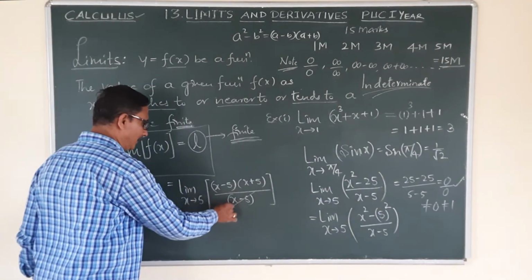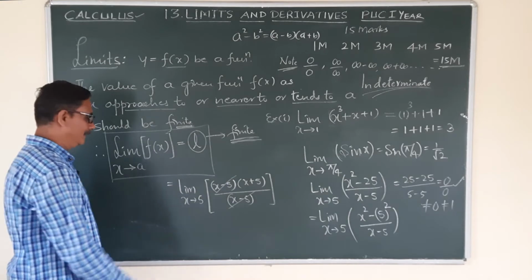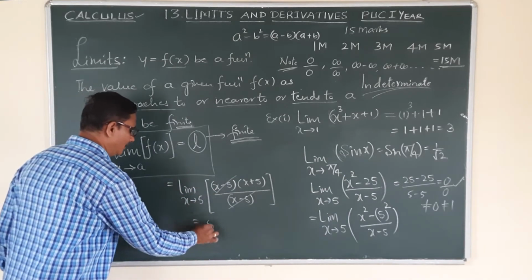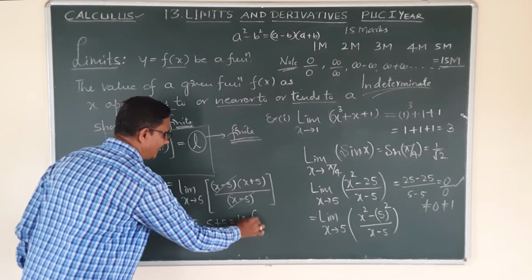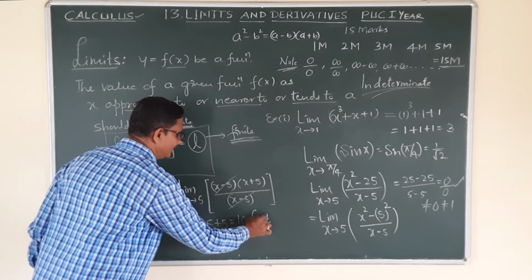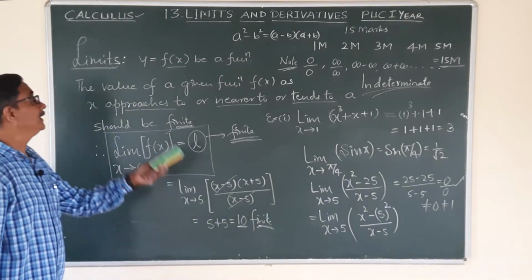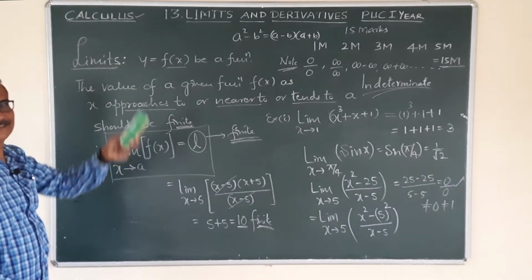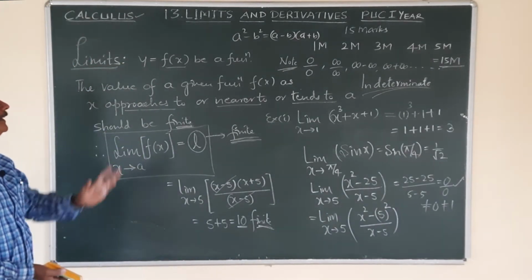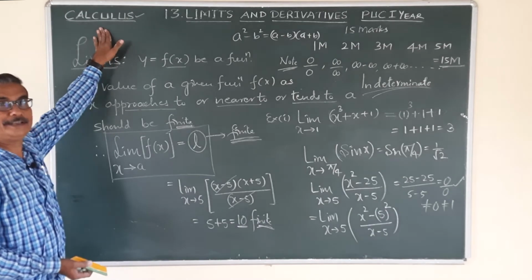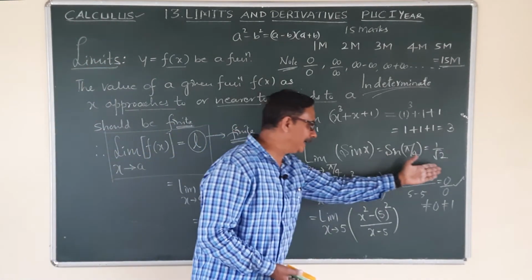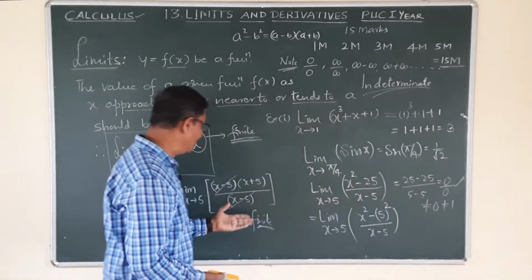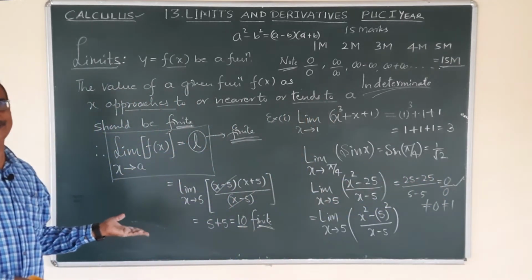Now one factor x minus 5 will cancel. Put x equal to 5. 5 plus 5, that is how much? 10. 10 is a finite value. That is the meaning of calculus. Calculus is a branch of mathematics which deals with the study of converting infinite or indeterminate into finite values.